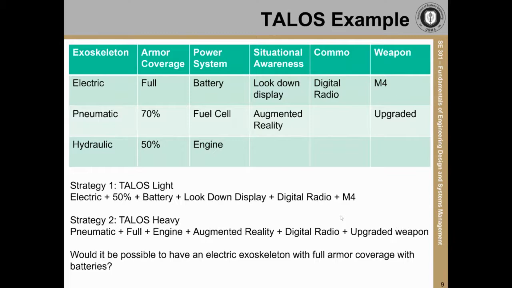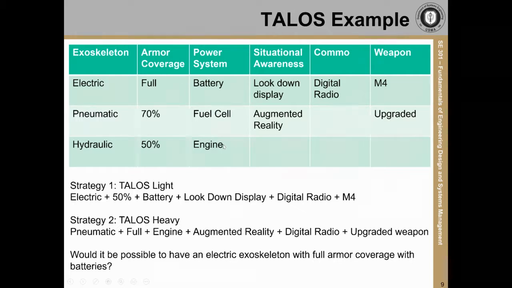We're going to basically put the guy inside a heavily armed skeleton, and imagine like a mech suit or something where the guy is crushing through the objective. So in that case, we're looking at a pneumatic exoskeleton with full armor coverage.